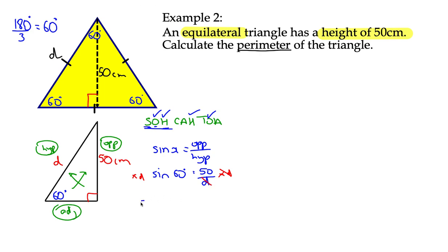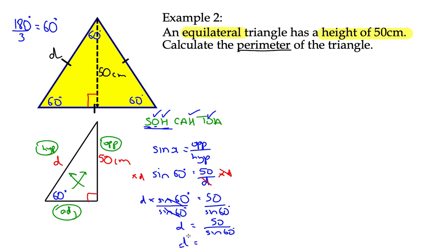That leaves me with D multiplied by the sine of 60 degrees is 50. I'm going to then divide through by the sine of 60 on both sides so that they cancel out, and I've got D is equal to 50 divided by the sine of 60 degrees, which I could do in my calculator.